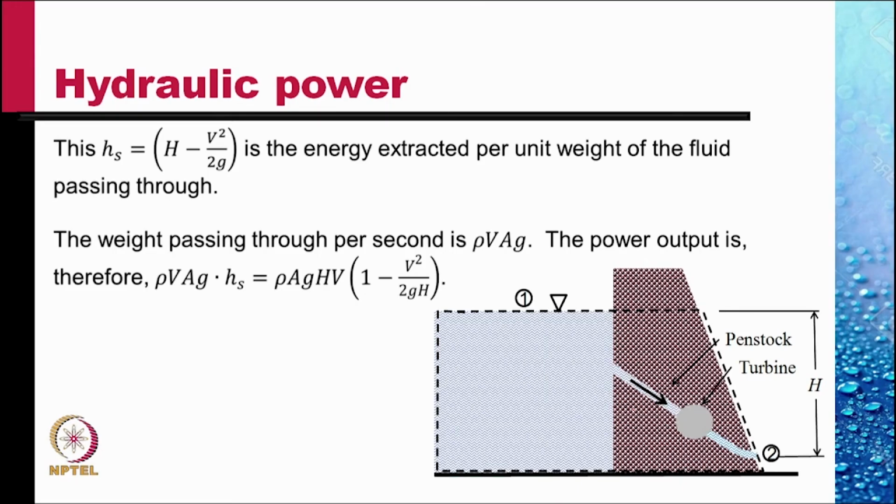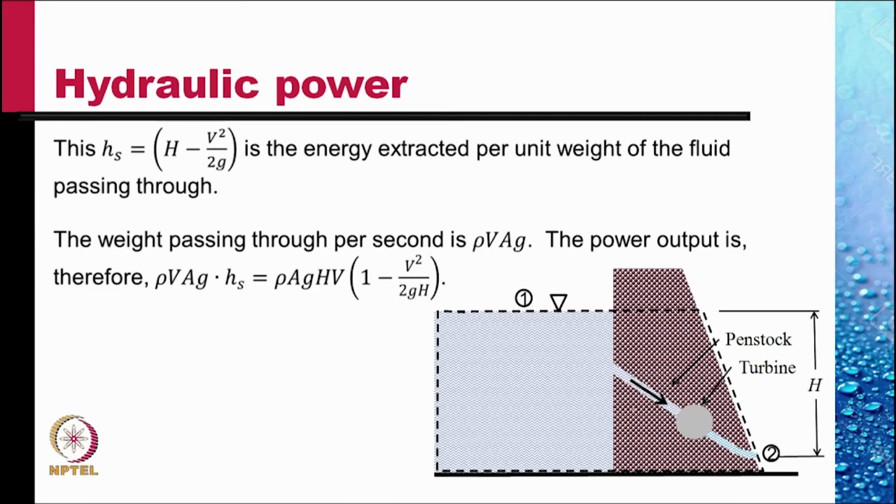VA is the volume passing through, rho VA gives you the mass passing through per unit time, and multiplying by g gives the weight of water passing through per unit time. So the power output is rho VAg times Hs, which is rho A g capital H V into (1 minus V squared by 2gH).